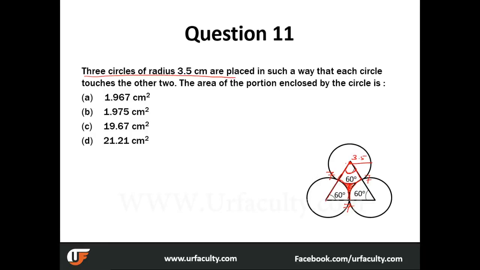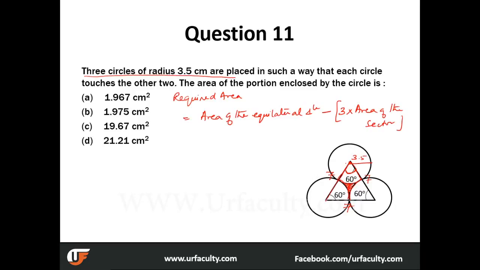So your problem is now simplified. So what is our required area? Our required area is equal to area of the equilateral triangle minus 3 into area of the sector.